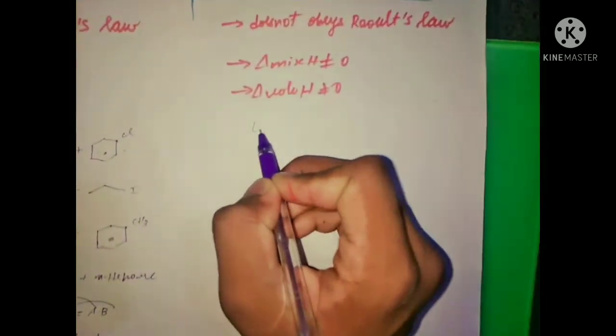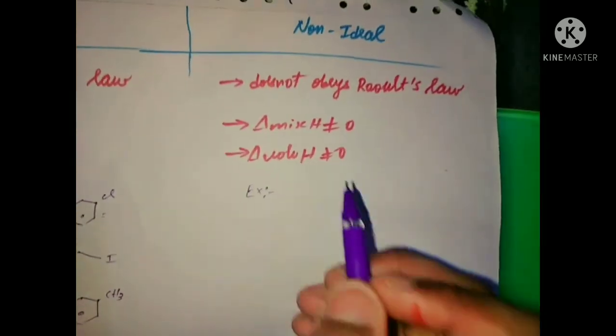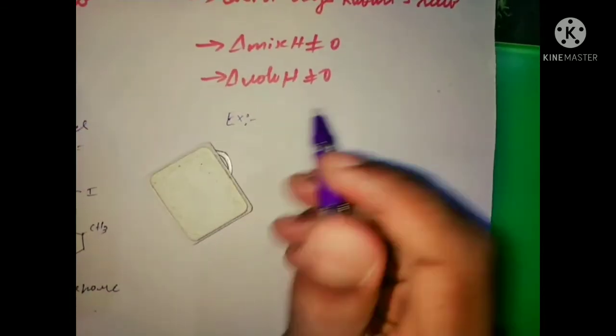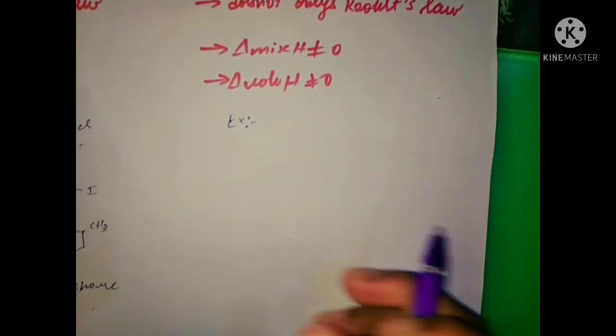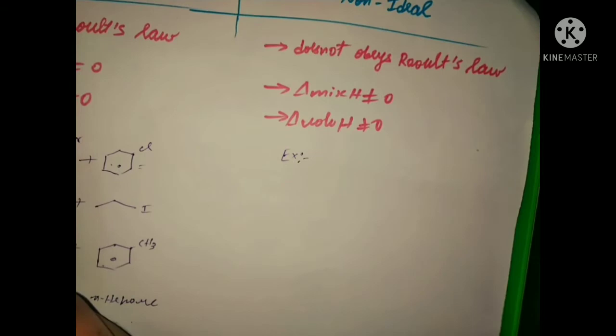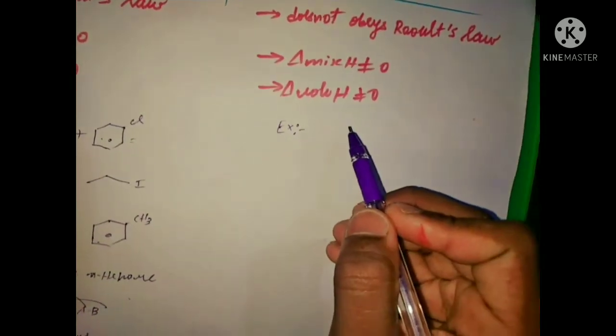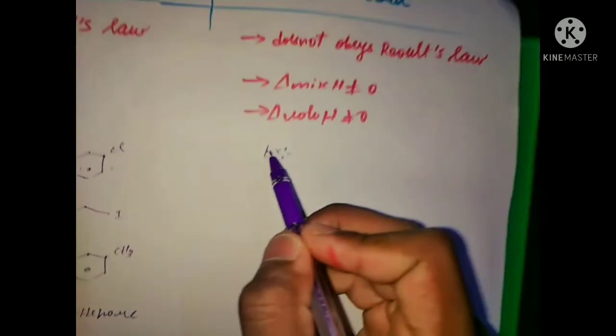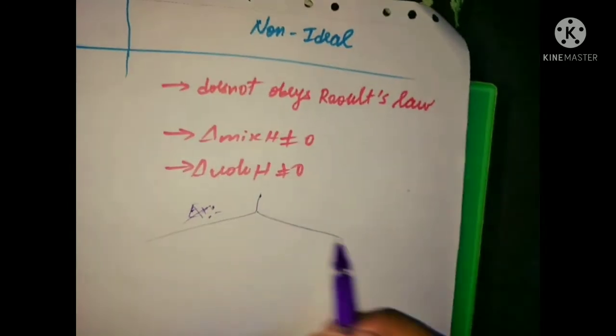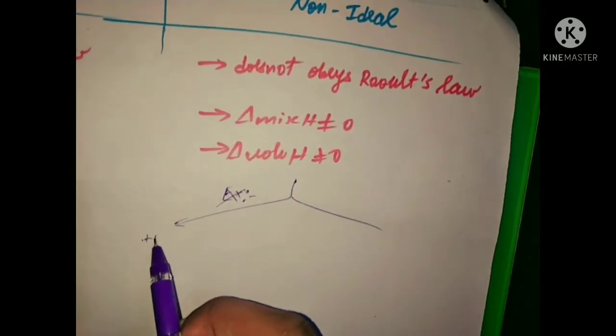I am going to tell the examples of non-ideal solutions. Before learning the examples of non-ideal, there are two types of non-ideal: positive deviation and negative deviation.